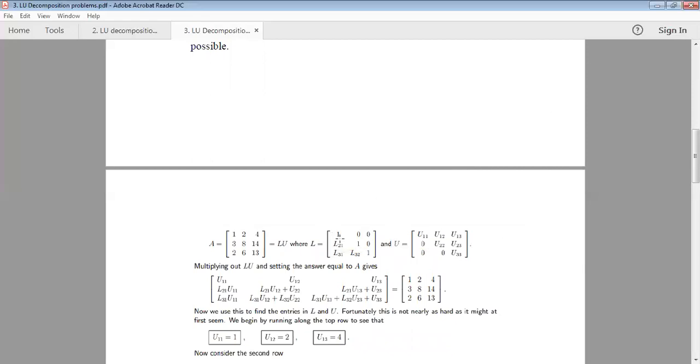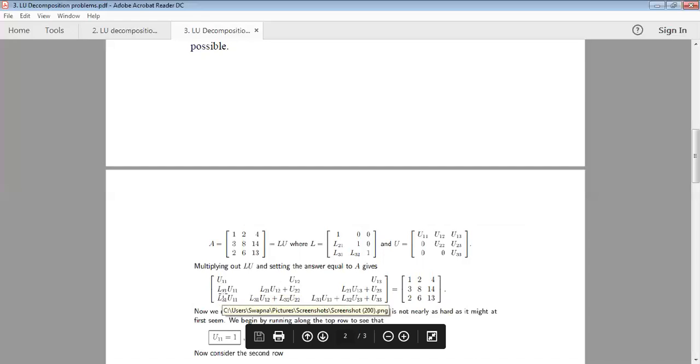In this method, the diagonal elements in the upper triangular matrix are 1. So L is [1, 0, 0; L21, 1, 0; L31, L32, 1]. Okay. Now I am taking the product LU equals A. So the product of L and U is: first row U11, U12, U13.